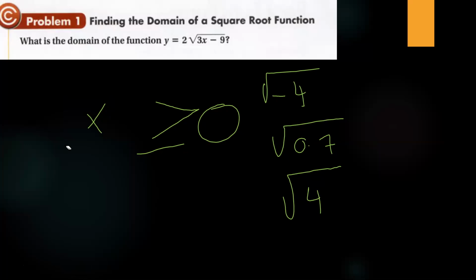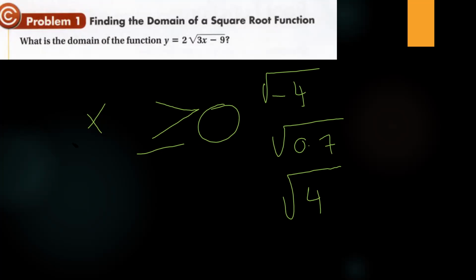So for linear, quadratic, exponential, I can use any number. But in the square root function, I must use only positive numbers and 0. Is it clear?